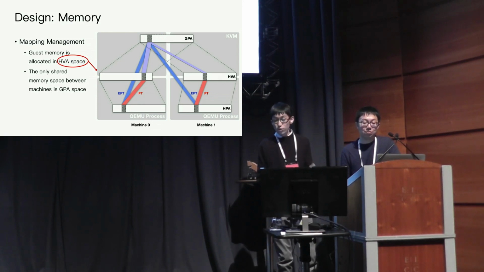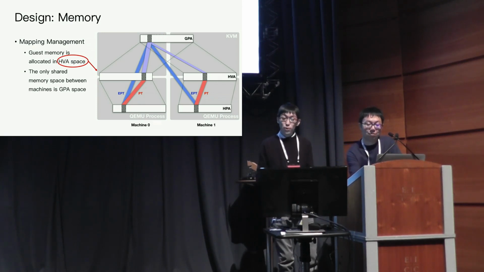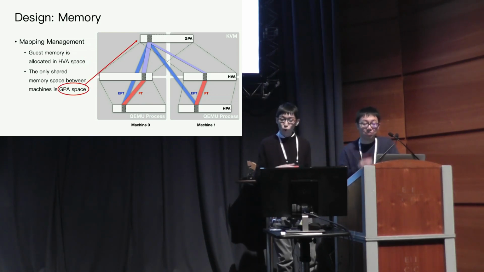QEMU allocates the guest memory in its virtual address space and registers it to KVM. So the only shared space we have is the guest physical address space, so we should use the GPA in our internal DSM messages.